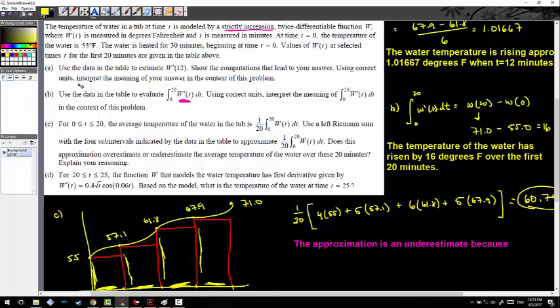So we just have to justify using the information they gave us. The approximation is an underestimate because W of t is a strictly increasing function.